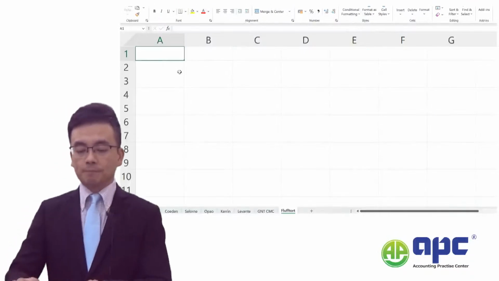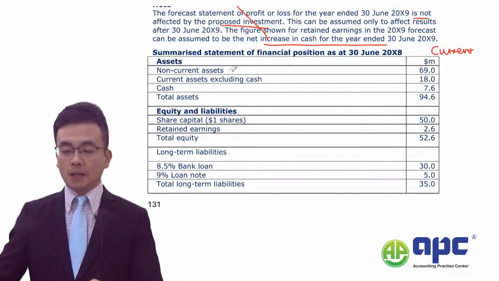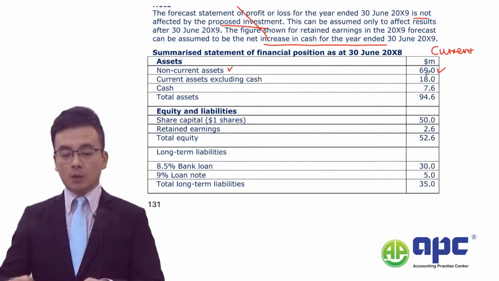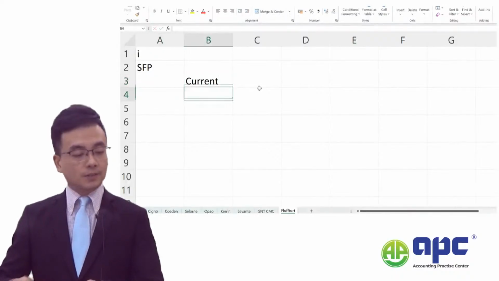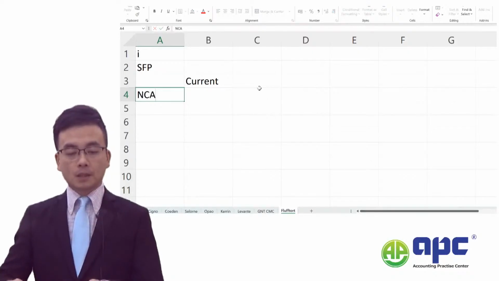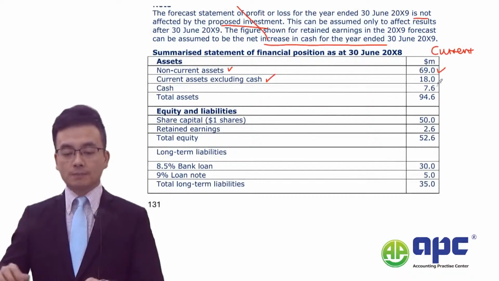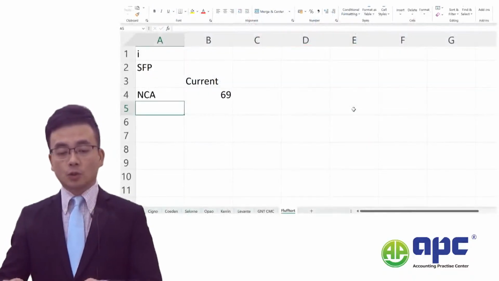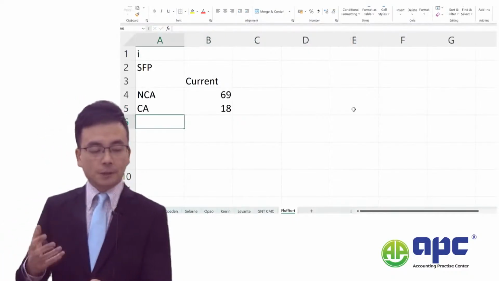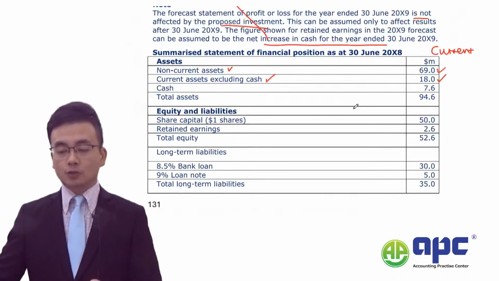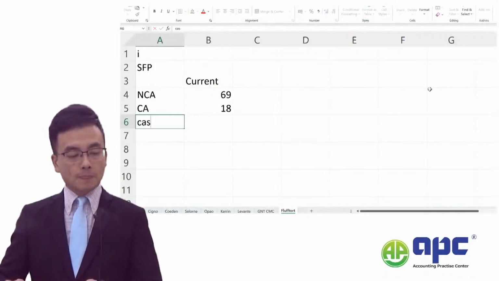For the SFP, we've got firstly the non-current assets being 69. Then current assets being 18, which you can shorten using the abbreviation CA. And also we've got cash of 7.6.